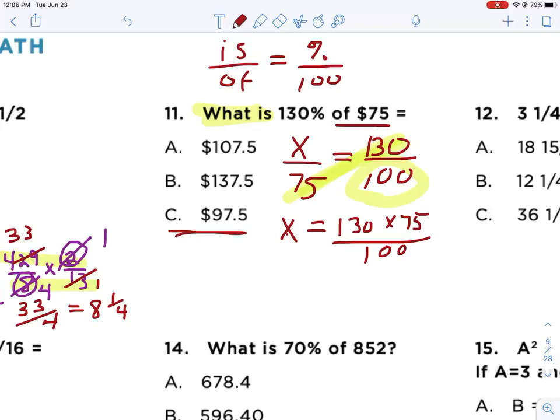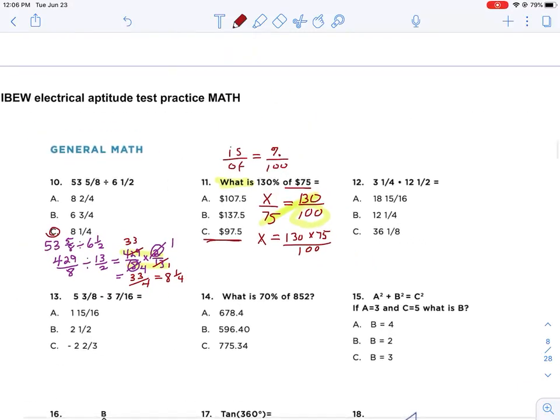And you get 97.5, C. So there's a little decimal kind of hint for you.